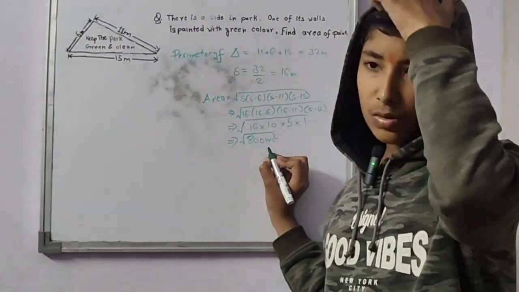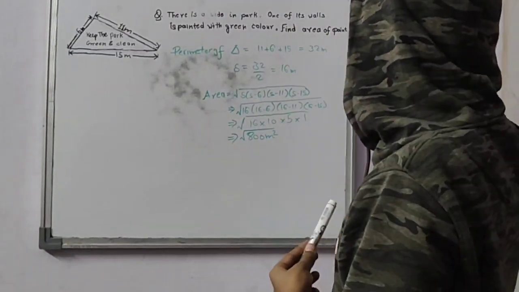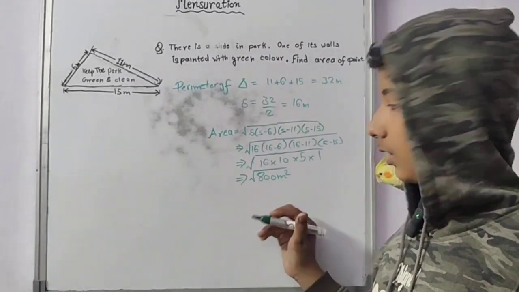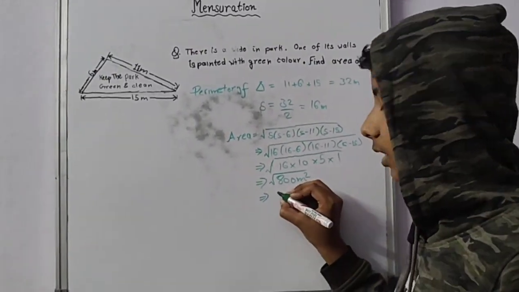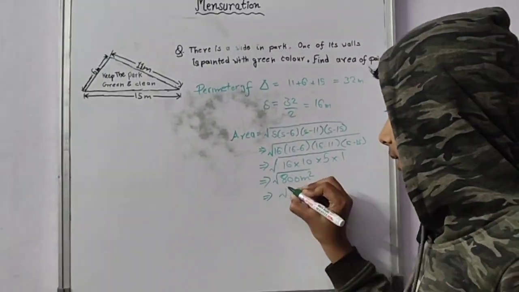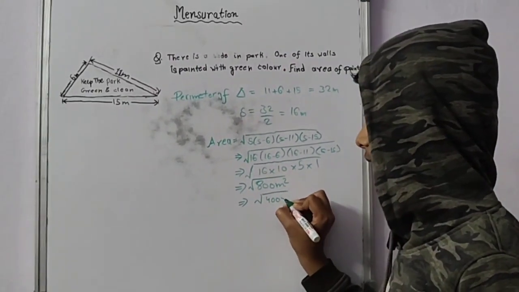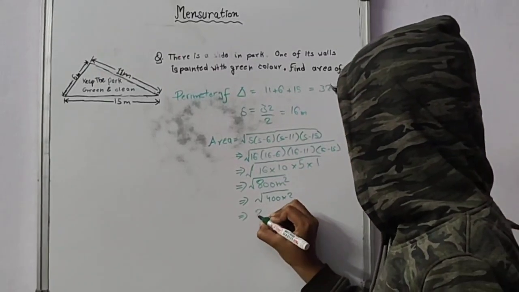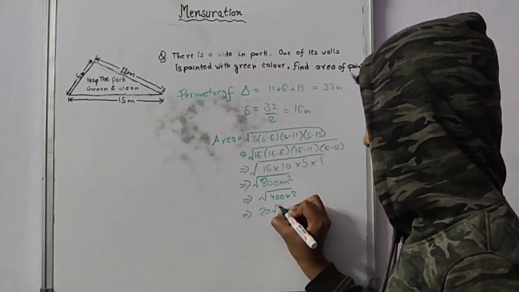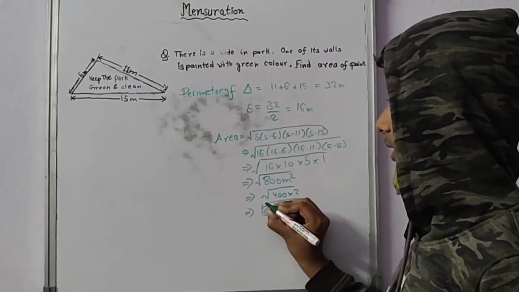But it is under root, so we will have to take under root of 800. This can be further simplified, we can write it as root 400 into 2. 400 is the square of 20. So 20 root 2 meter square will be our answer.